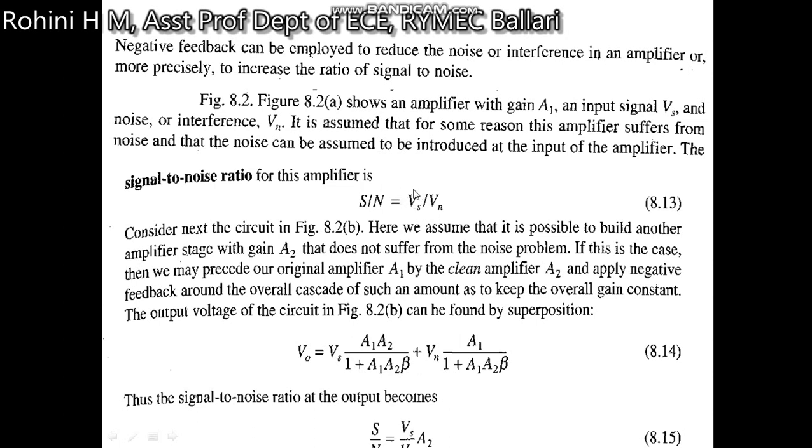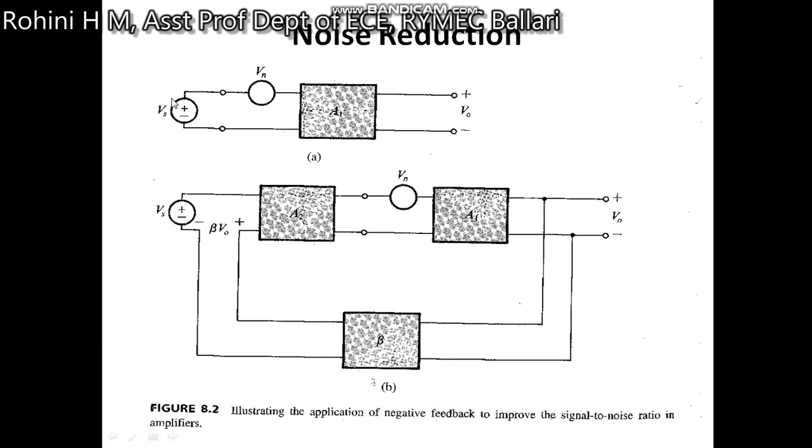Because this is our signal that we are applying, Vs, in the input itself the noise gets added. That is the signal Vn. So the signal to noise ratio is the signal voltage and the noise voltage, Vs divided by Vn. Here is our input Vs, and here the noise gets added.